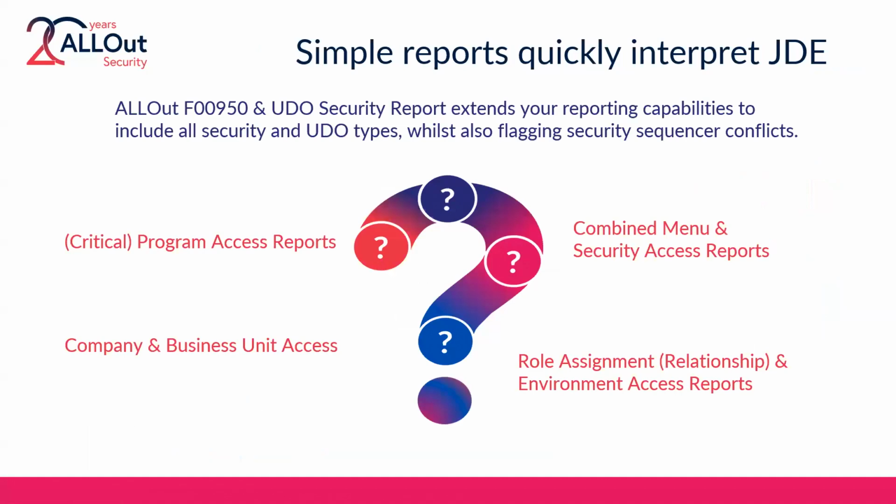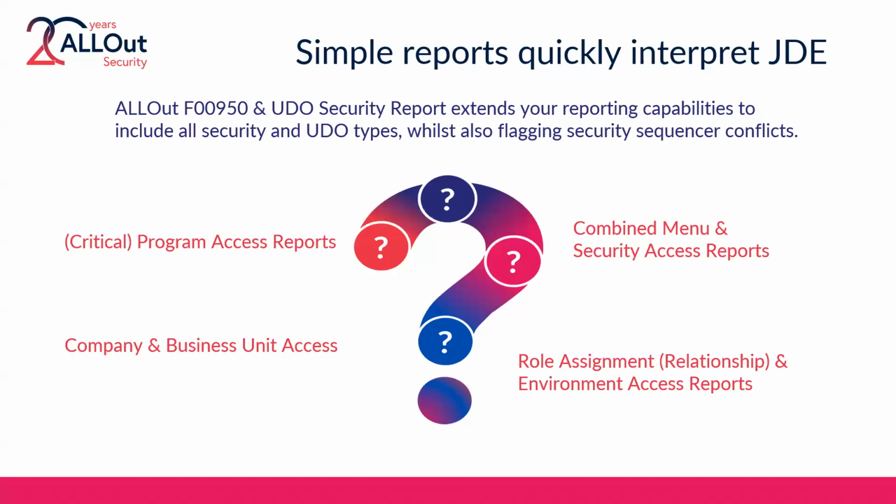Now, at ALLOut, we have extensive ranges of reports and tools that help simplify and automate reporting over all 400 security types, which you can configure and run according to your business needs.